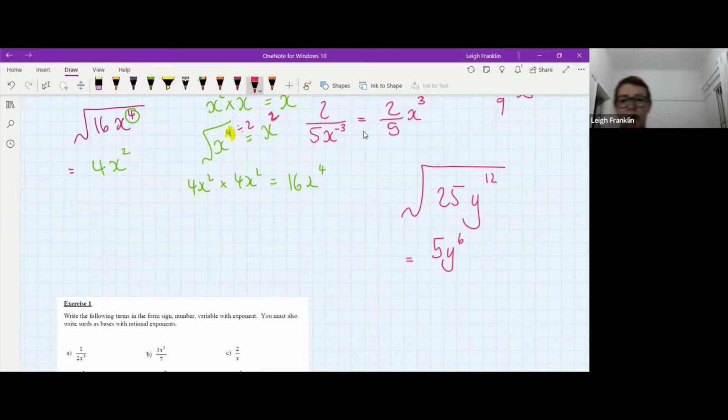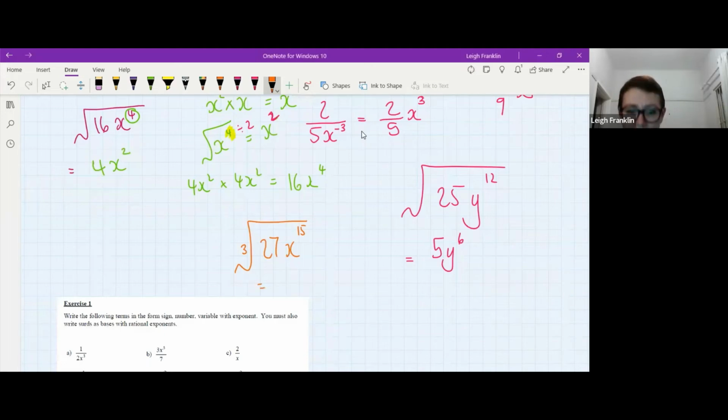So now that we're all 100% with that, what happens if we're talking about a cube? Now if I have 27x to the power of 15, and now I'm taking a cube root. With a square root, I divided the exponent on my variable by 2. With a cube root, I've got to divide the exponent on my variable by 3.